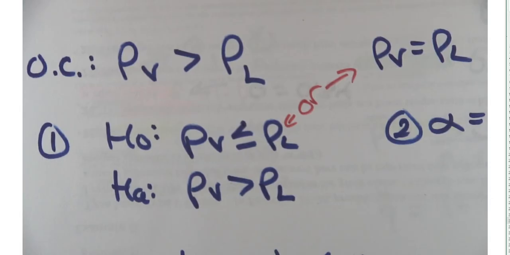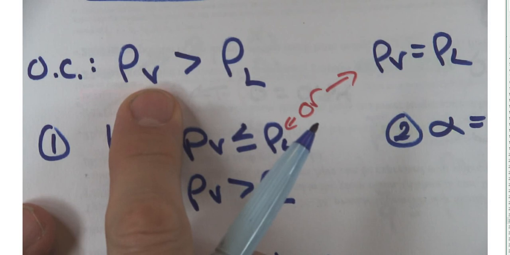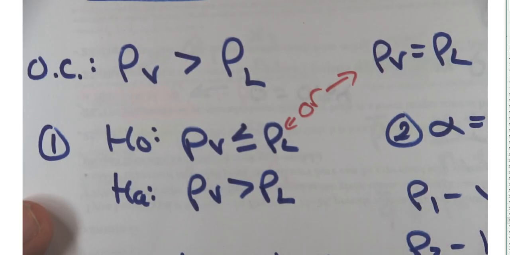Sam? We can still also put P1 and P2. You can put P1 and P2. If you're putting P1 and P2, then make sure that you tell me what P1 represents. So if you're doing P1, that's going to be the vinyl gloves. And P2, that's going to be your latex gloves.